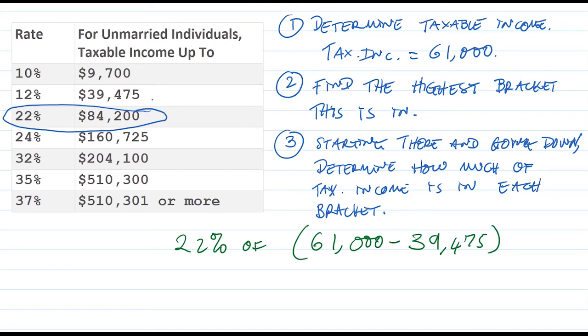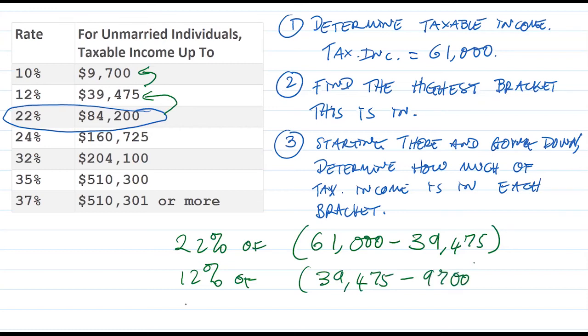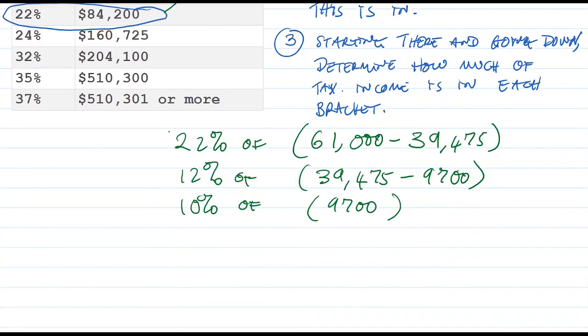The next one lower is 12% of, and then I look at the limit below it, so 39,475 minus 9,700. And 10% of 9,700, which in theory is 9,700 minus 0. So these are your taxes.